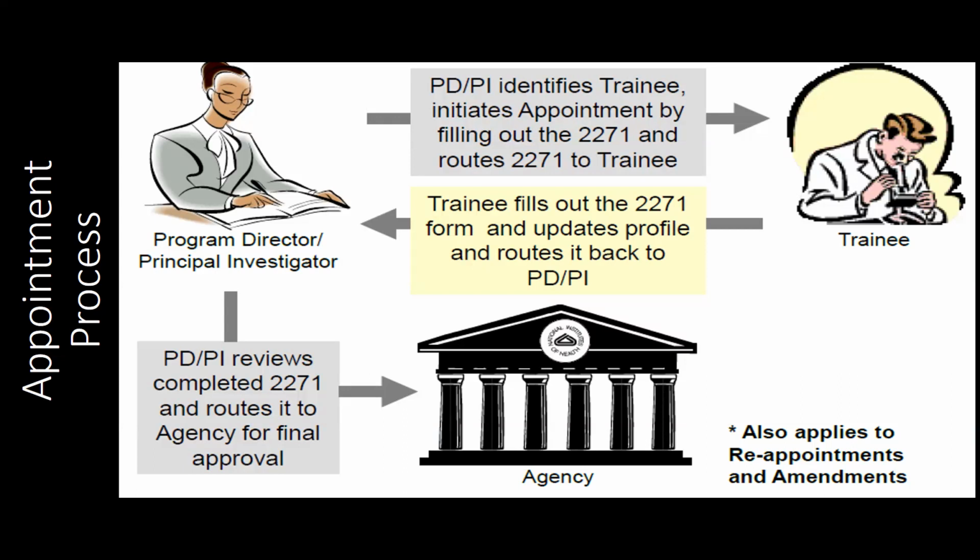They initiate it. Sometimes you have delegation for them. The electronic form gets sent to the trainee. The trainee does their info, sends it back. The PI reviews and then submits it to the agency. So that's the appointment process. Now the termination process, there's going to be an extra step in there for a business official. So I'll go through all of that.